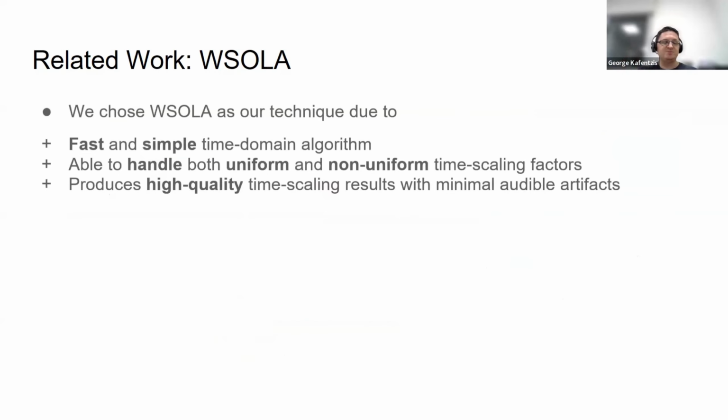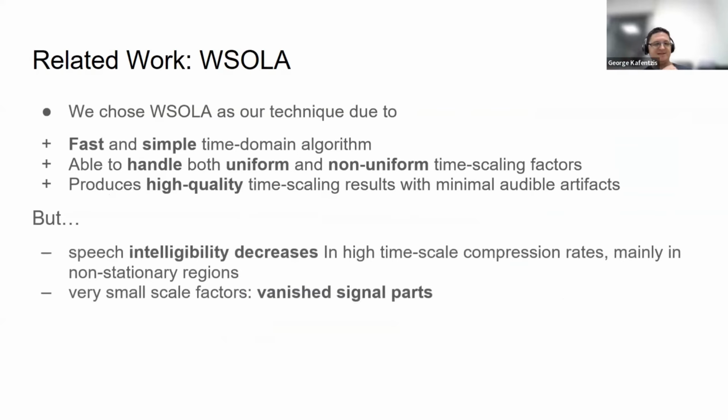So we chose this method for many reasons. One of them is that it's fast and simple because it works in the time domain. It's able to handle both uniform and non-uniform timescale factors, and the output quality of the synthesized speech is very, very good. However, as I said earlier, when you speed up speech too much, then intelligibility decreases, especially at high timescale compression factors.